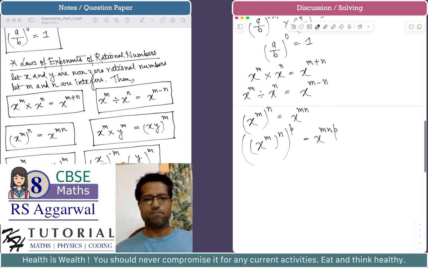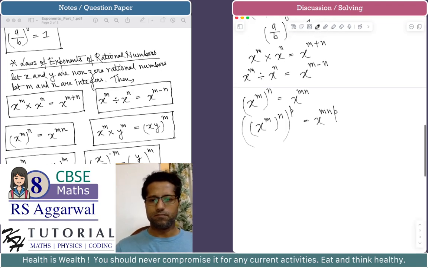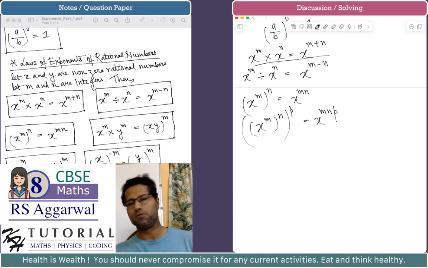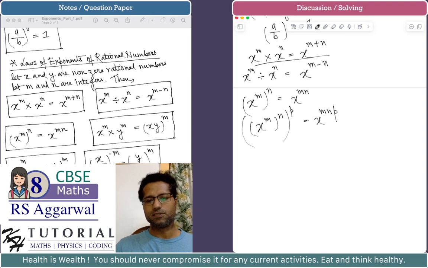Okay. Now the next law is that the first one was the product of two numbers in the exponential form, where the base of each exponent was same and the powers were different. What if it is the opposite case? That is, the bases are different. What will be x to the power m multiplied by y to the power m?